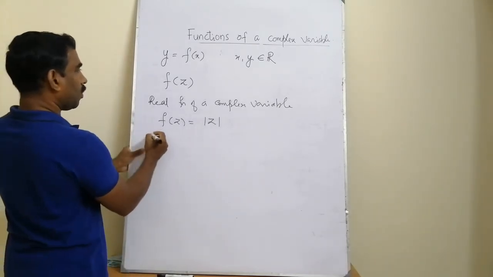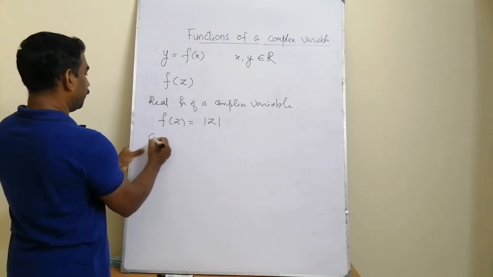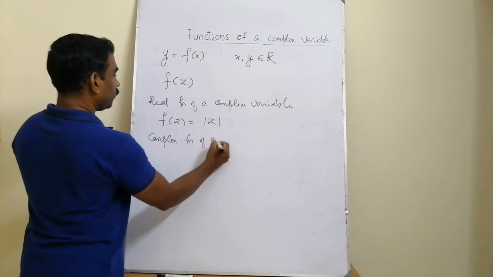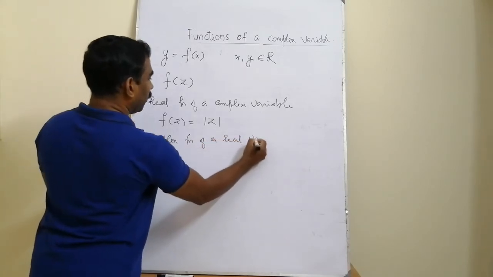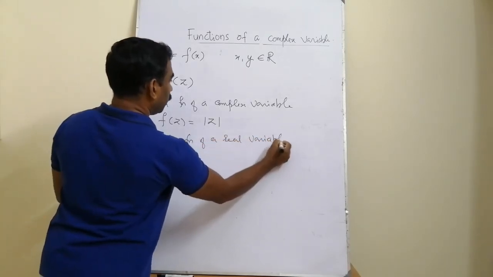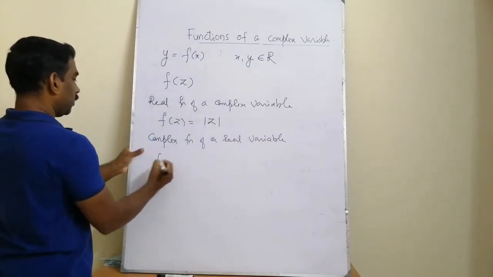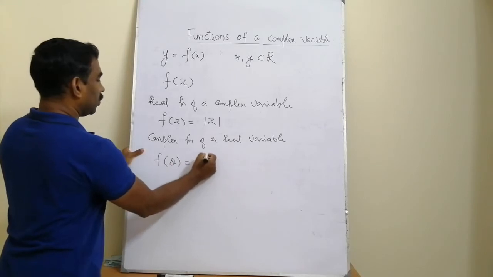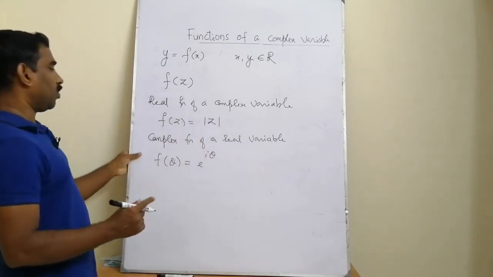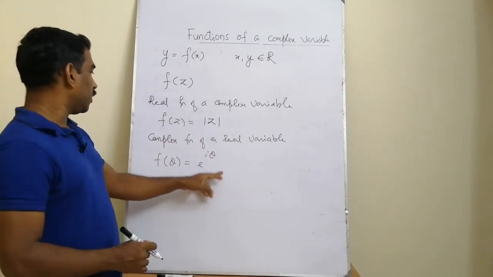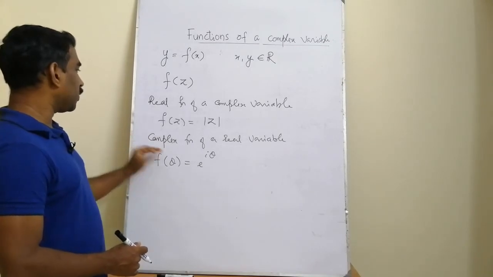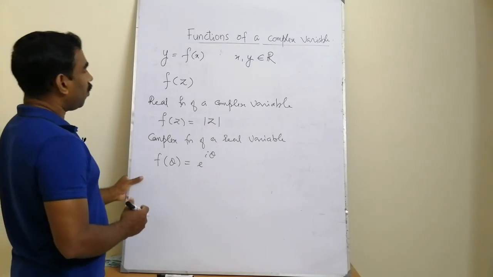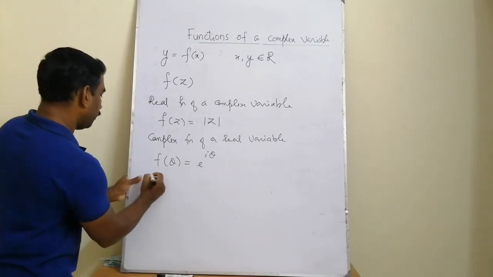Next, complex function of a real variable. For example, the real variable is theta and f of theta is equal to e raised to i theta, that is a complex number cos theta plus i sin theta. So this is an example of a complex function of a real variable.